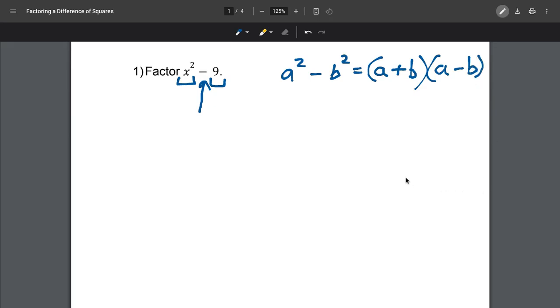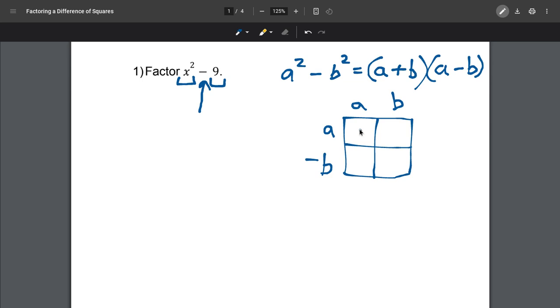Okay, and the reason why that works out, if you think about it, you do a Punnett square and multiply these together. Let's do that. You get a plus b times a minus b. You're going to multiply a times a to get a squared, a times b to get a positive ab, a times negative b to get a negative ab, and then negative b times b to get a minus b squared.